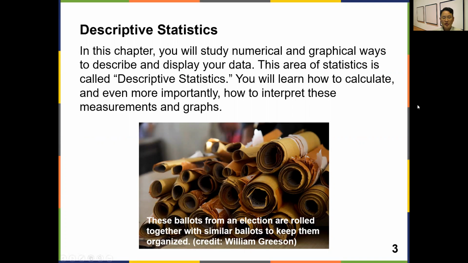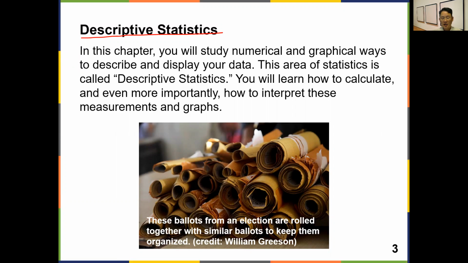Now we are moving on to Chapter 2, which is descriptive statistics. Remember in our first chapter, Chapter 1, we talked about there are two main branches in statistics. One was descriptive statistics. Another one was inferential statistics. So what's the difference? Well, with inferential statistics, you make a decision at the end.